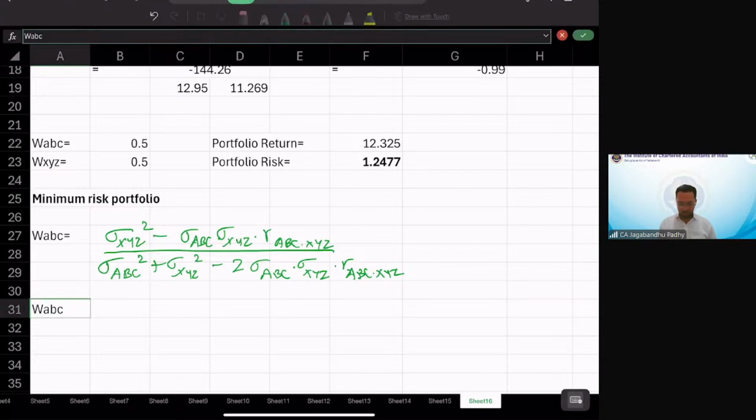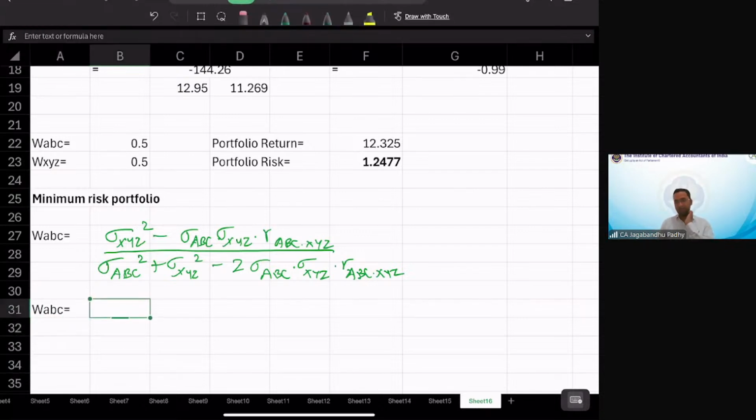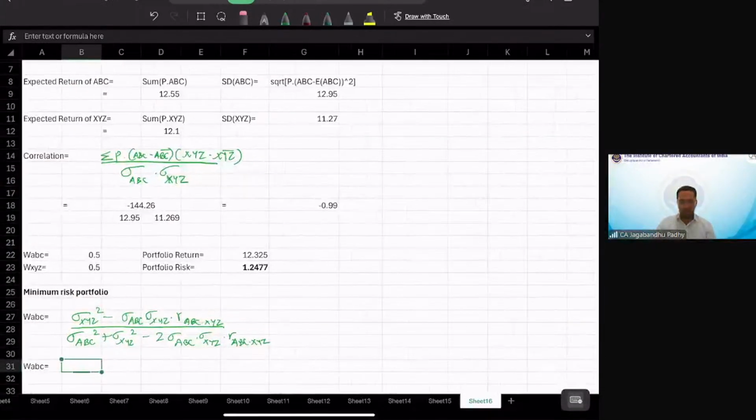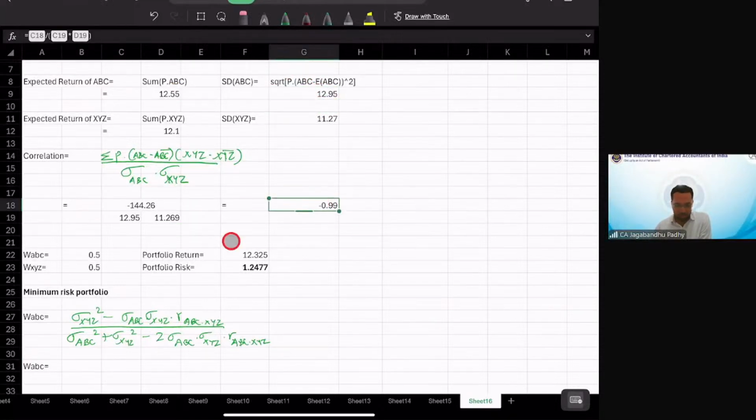So compute the weightage of ABC, guys. We have the numbers, right? We have the standard deviations and we have the correlation. You just need to substitute here and give me the weightage.